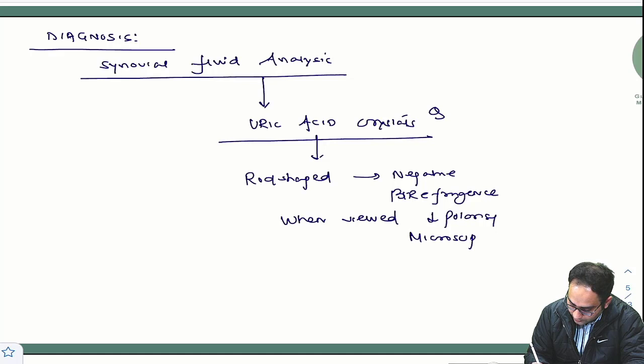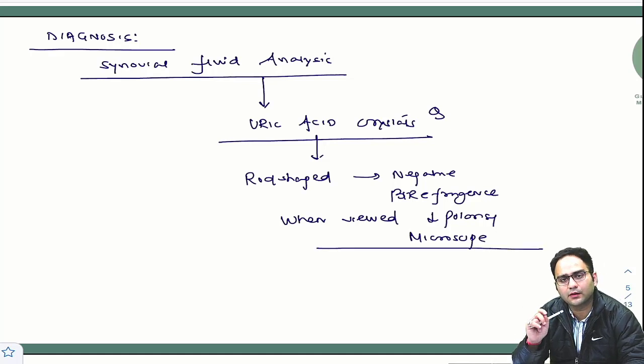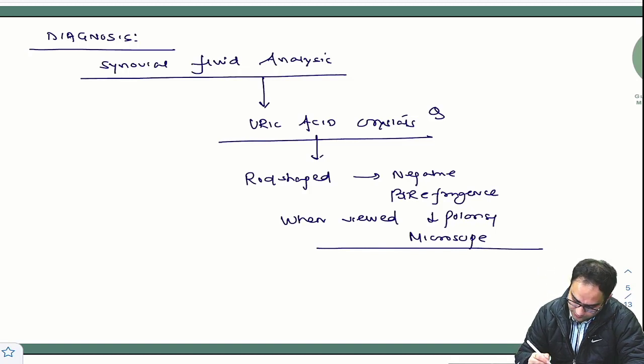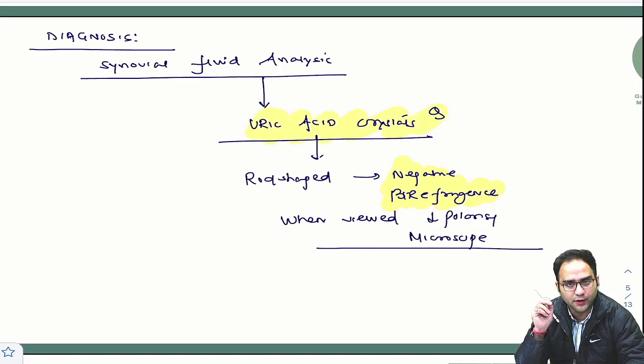So this is important. If you are viewing the crystals under a polarizing microscope, they will show negative birefringence, right?